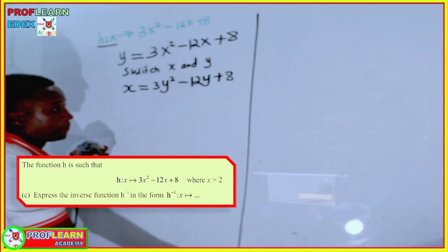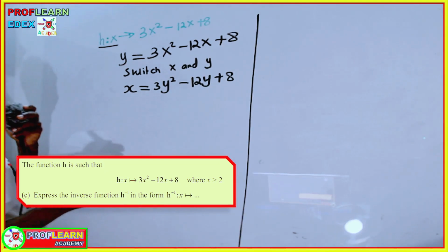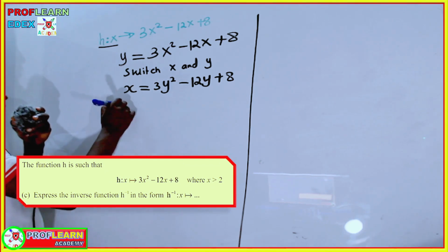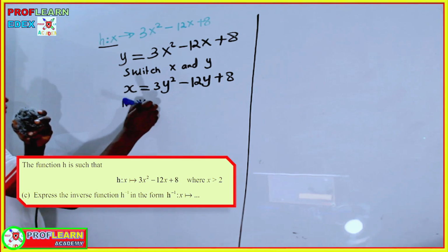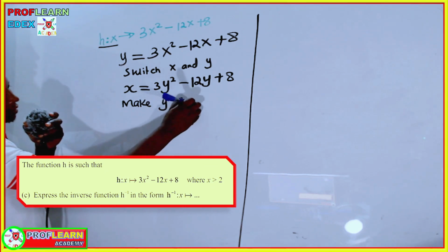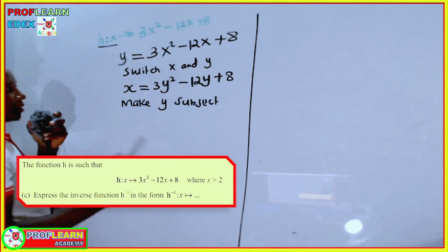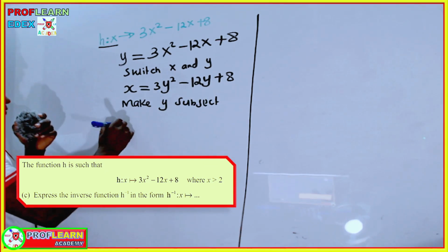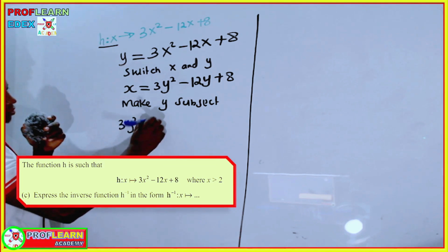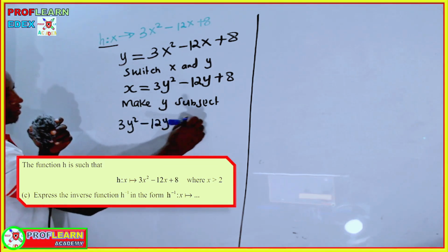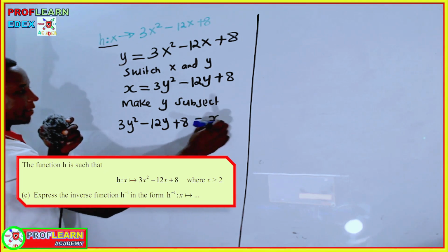The next step is actually to make y the subject of the formula. Now we can start by writing 3y squared minus 12y plus 8 equals x.